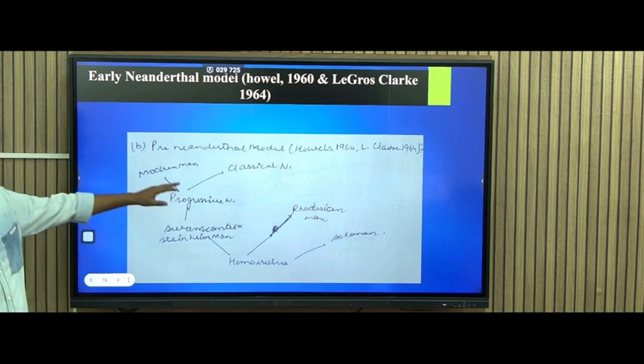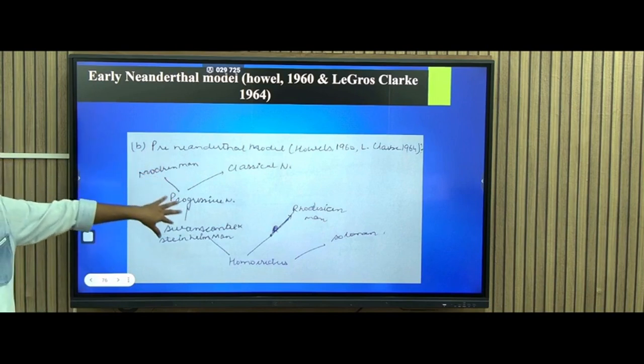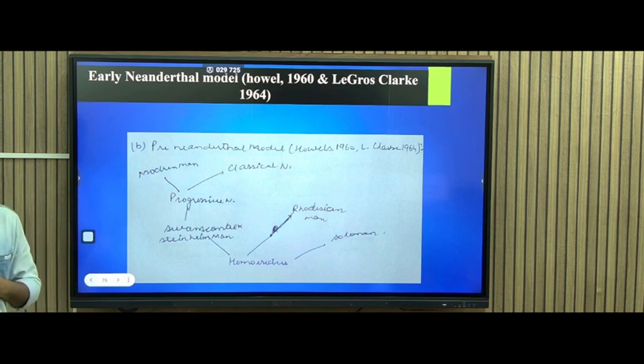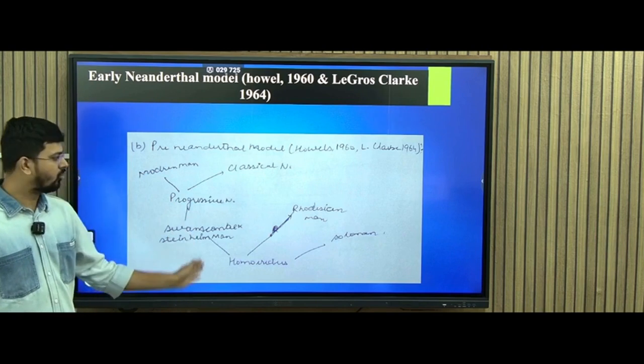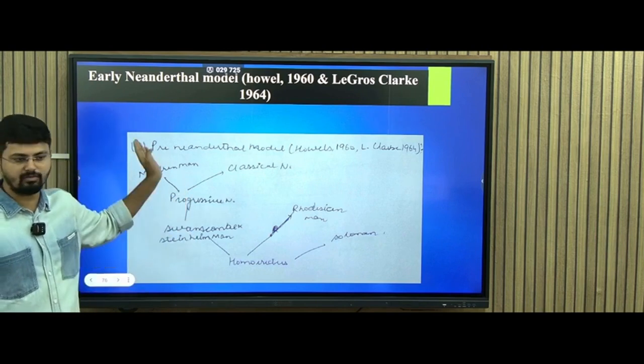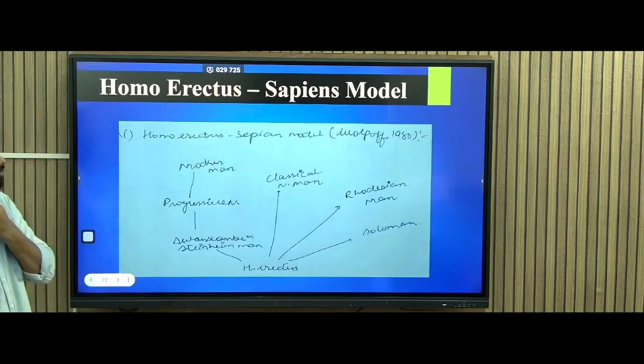Here they are considering it as the Neanderthal, early Neanderthal model. Pre means that they are completely separate, so Neanderthals are in a different line, whereas here they are in a similar line, diverging from progressive. Then you have the Homo erectus sapiens model.